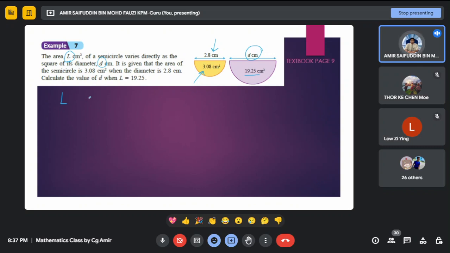L varies directly, you see the words varies directly, that means a direct variation, as the square of its diameter. Square of diameter means d power of 2, d square. So the variation relation here is L varies directly with d square.